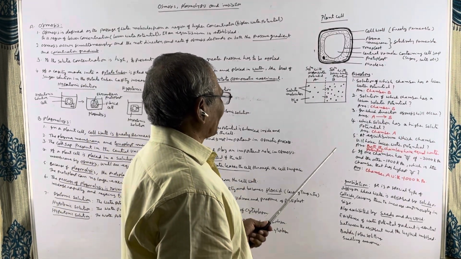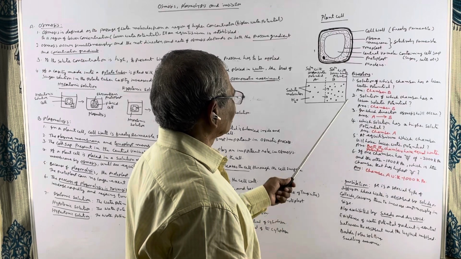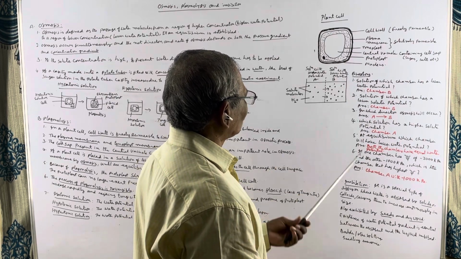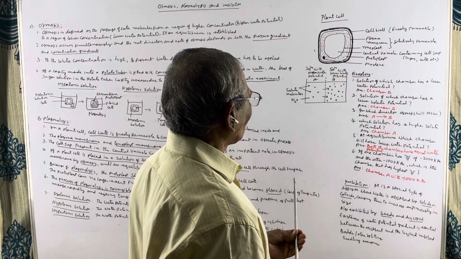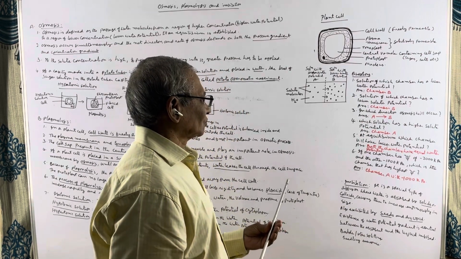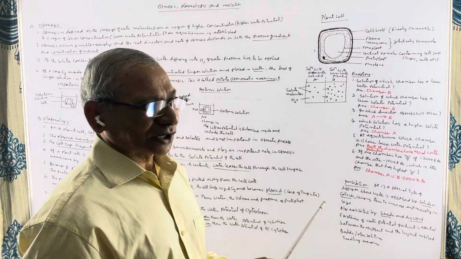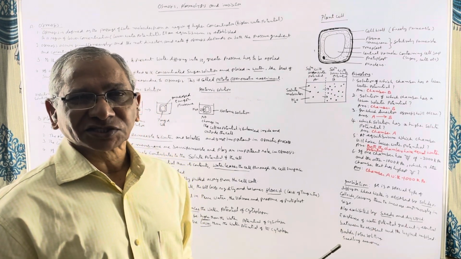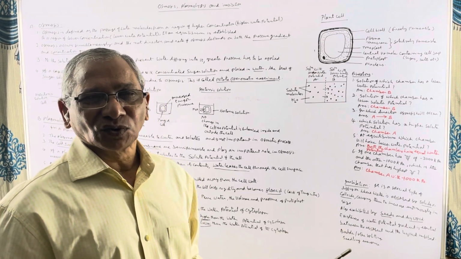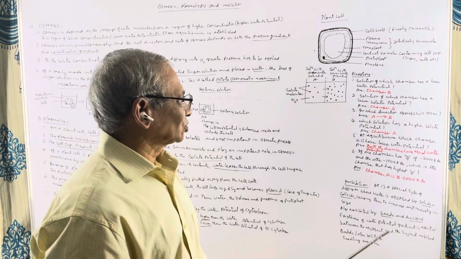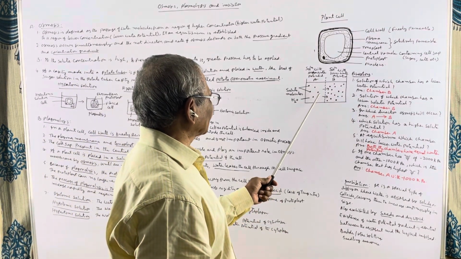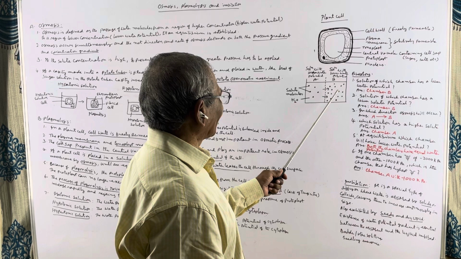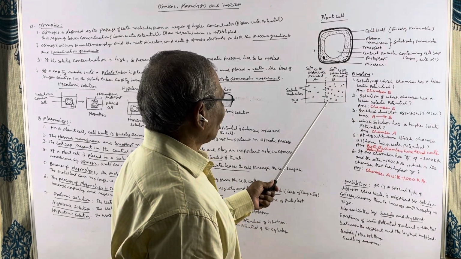Now let us find out answers for those questions. Solution of which chamber has a lower water potential? You know that water potential is highest in pure water. As the concentration of the solution increases, the water potential decreases. So here, chamber A has higher water potential and chamber B has lower water potential.